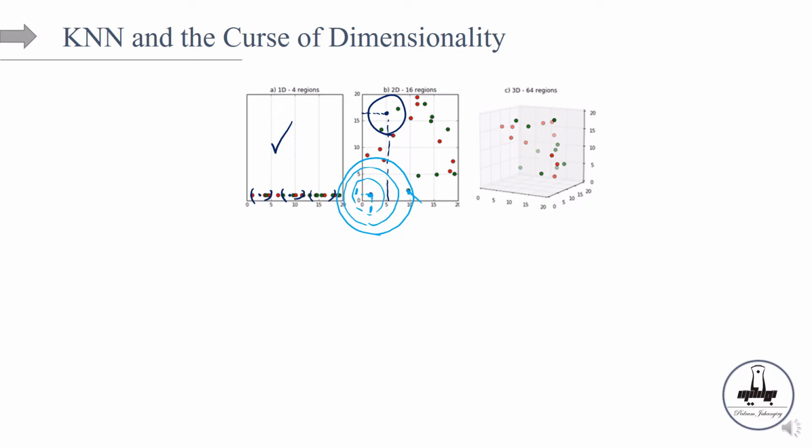The problem here is that maybe this observation, in terms of characteristic, is not similar enough to this observation, right? So this is the idea of the curse of dimensionality and dealing with sparse data, right? So it seems that here we will see no nearby neighbors. So that's the problem. And as we go to higher dimension, this problem is going to become more exaggerated. Okay, so that was an example for classification.